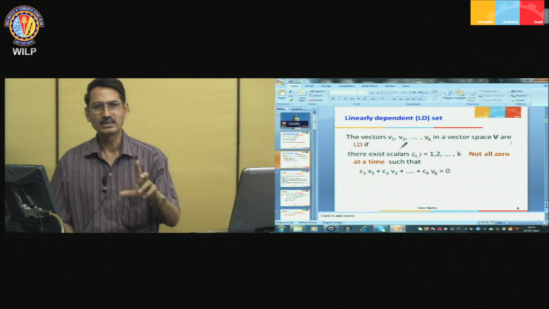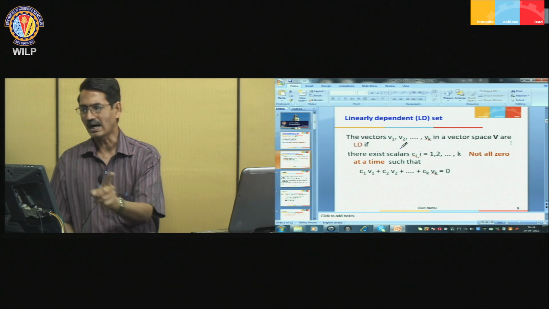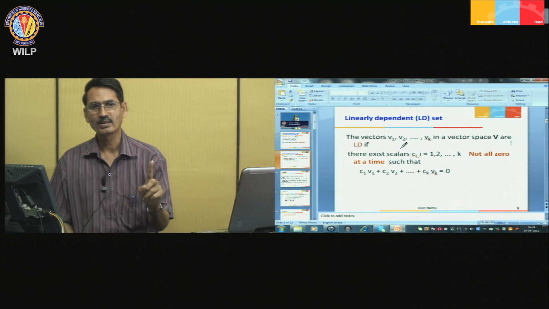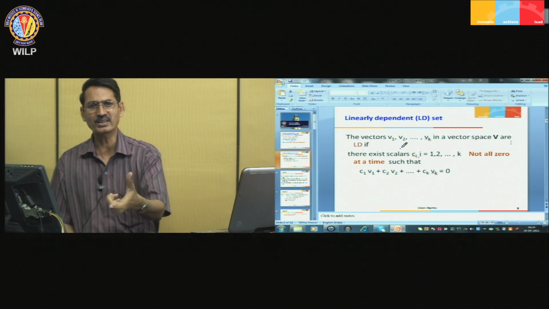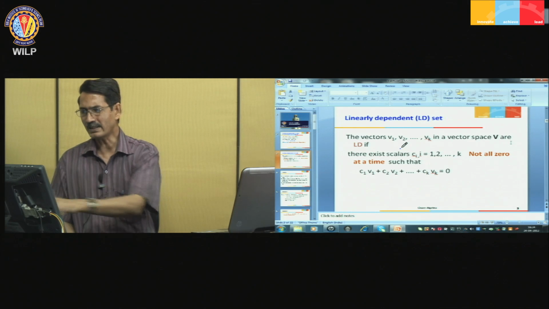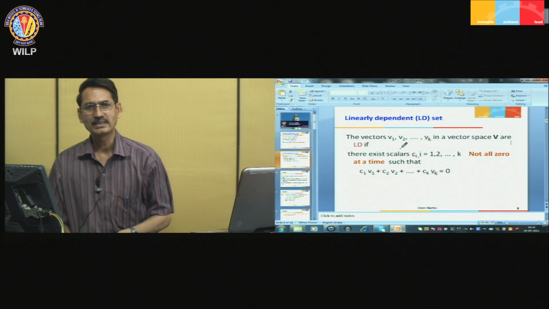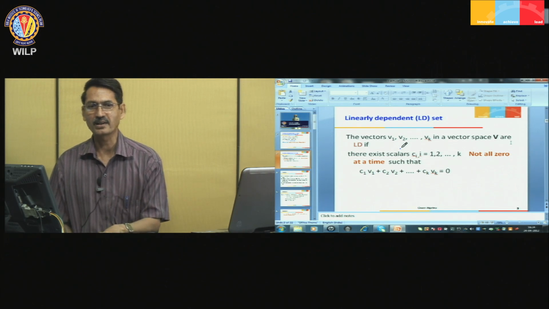So look here, there is at least one Ci out of these C1, C2, Ck which is different from 0, but the sum C1 into V1 plus C2 into V2 plus Ck into Vk is 0, that will imply that V1, V2, Vk are linearly dependent.